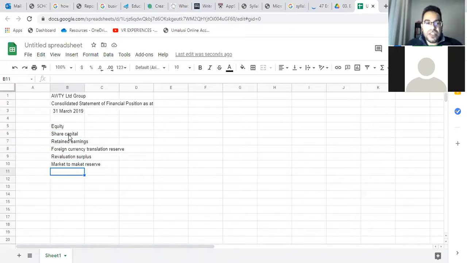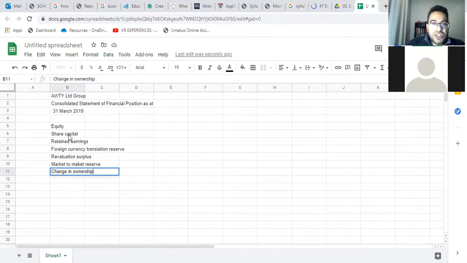Okay, so those are the items you were exposed to, and don't forget you are also exposed to change in ownership, change in shareholding. So remember, this change in ownership was when there's a change in ownership, and before and after the change in ownership transaction, you are still a subsidiary.